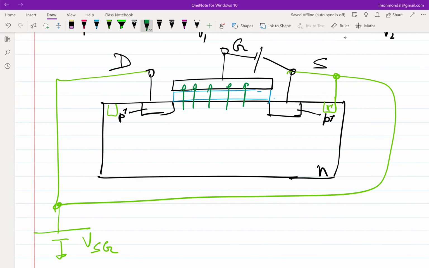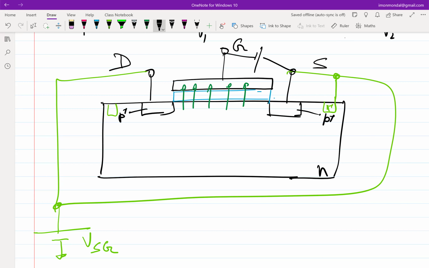But D and S are the same. Yes, for the time being, let's assume that D and S are connected at the same potential, right? We are again taking a step back because I want to understand what will be the profile of the charge in the channel, right? Even though it might look at this point like something quite scary, it's not.